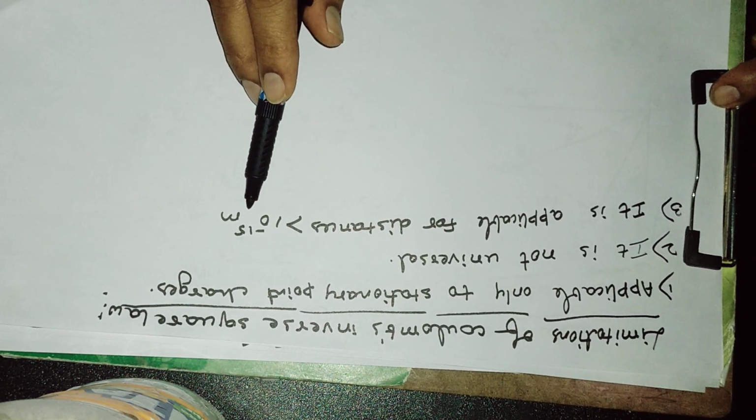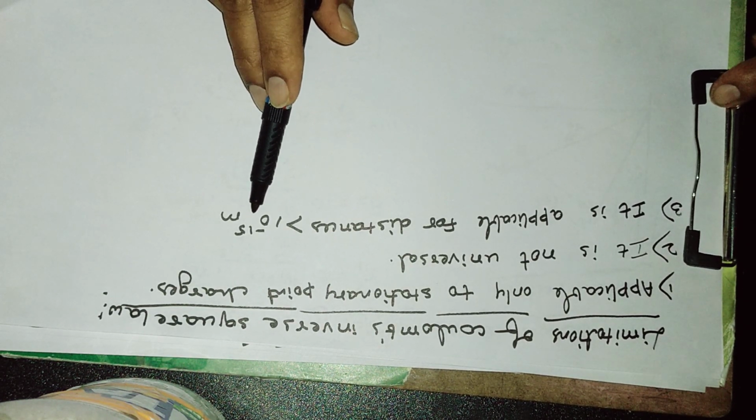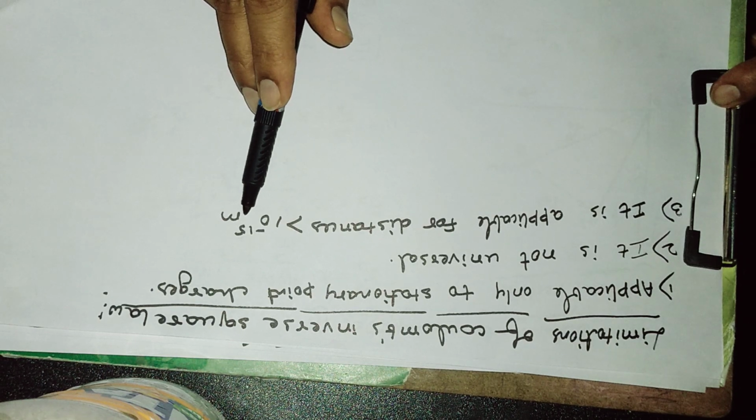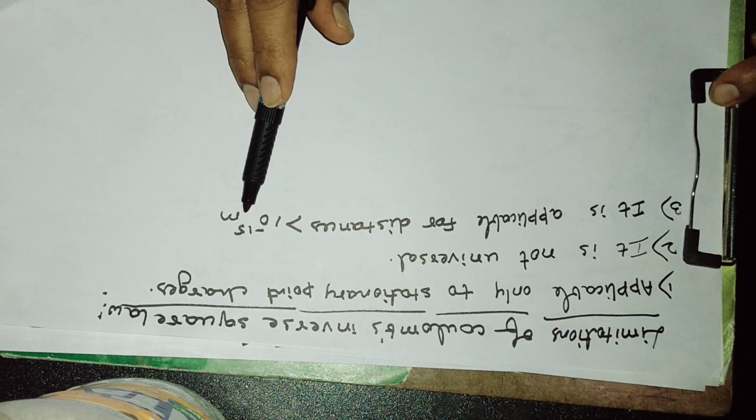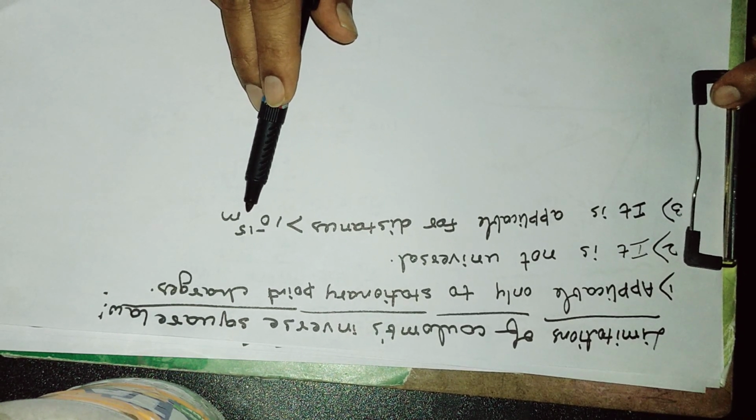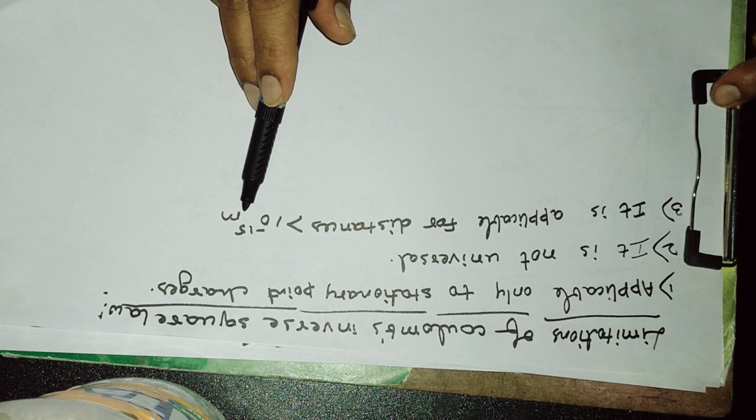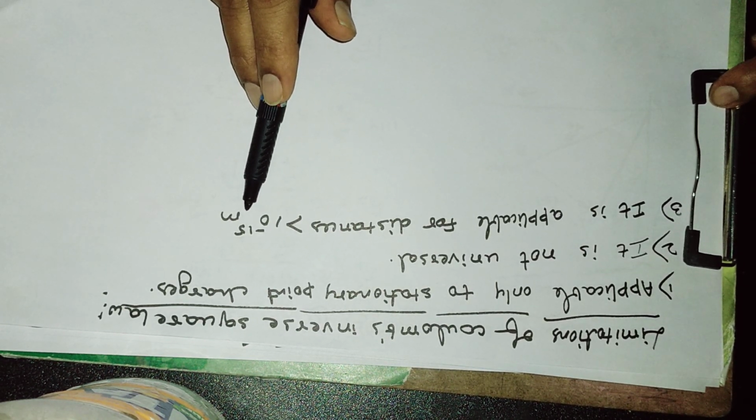Because if the distance between two charges is less than 10 raised to minus 15 meter, then the Coulombic force is being dominated by the strong nuclear force. Strong nuclear force is a short range force. It acts only up to a distance of about 1 Fermi, that is, up to 10 raised to minus 15 meter. Hence, you will not be able to detect the Coulombic force there because the strong nuclear force will be dominating.